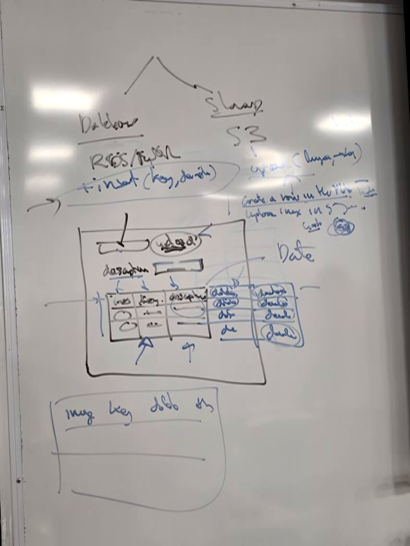So either this lambda, which creates the row, returns the key, and this guy waits until then to get the key that it needs to use to upload the image, or, based on the mathematics of the hash, the same code that you use here, you use here.